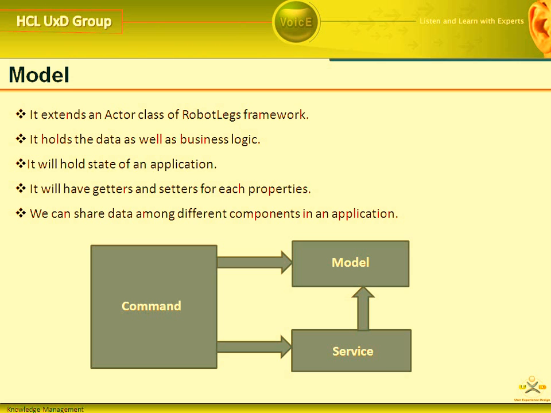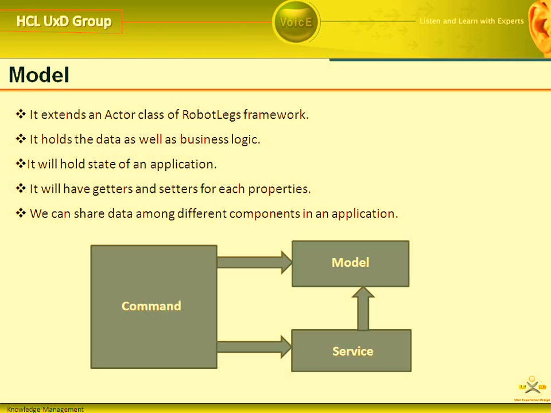If you want to store data inside a model, then with the help of setters and getters, we need to update data in the model, because it provides security to a property of the RobotLegs framework.